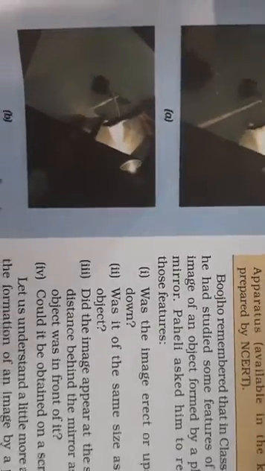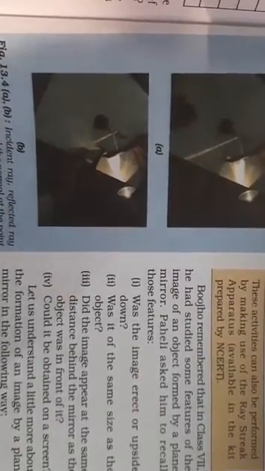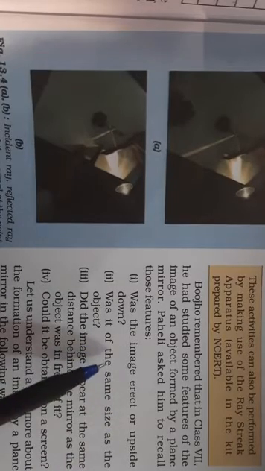Now children, last year you studied the images formed by a plane mirror. Do you remember the characteristics of images formed by a plane mirror? The image formed is always erect, not upside down.